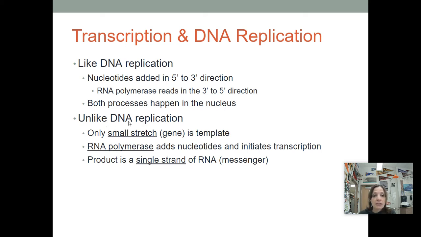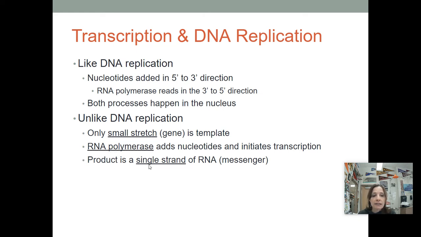Now, transcription is unlike DNA replication because in transcription, you only transcribe a small stretch called a gene. In replication, the entire chromosome, all of the DNA, is replicated. RNA polymerase is adding the nucleotides instead of DNA polymerase because they're making RNA.